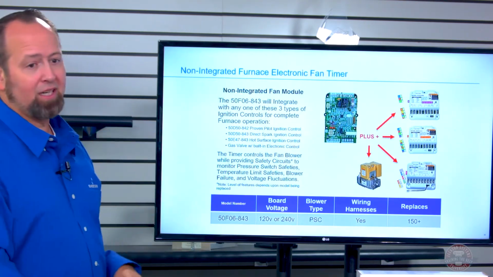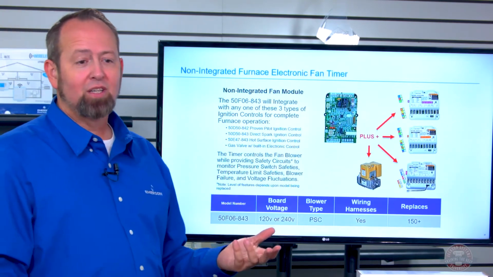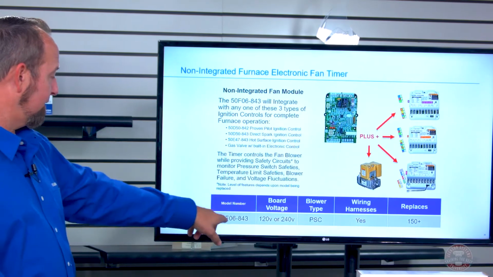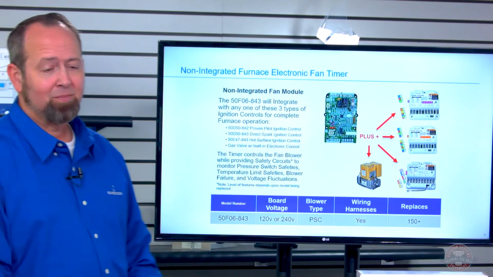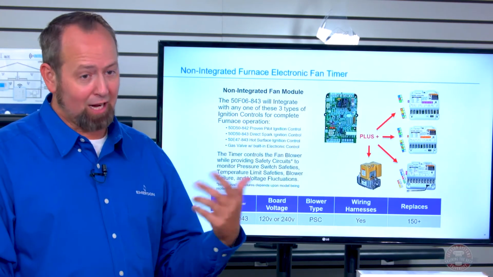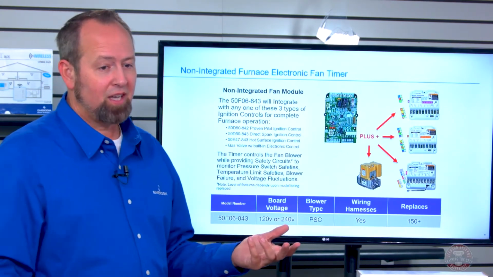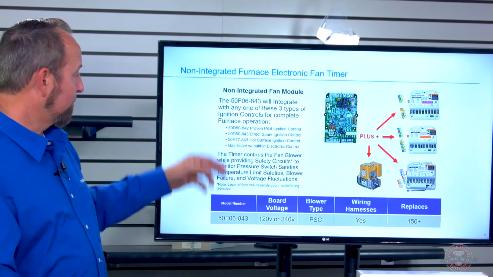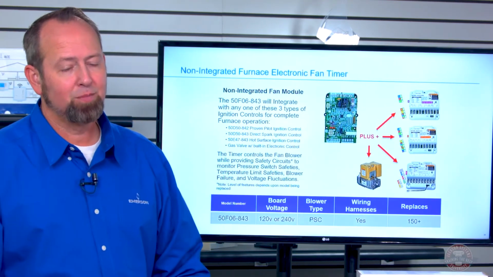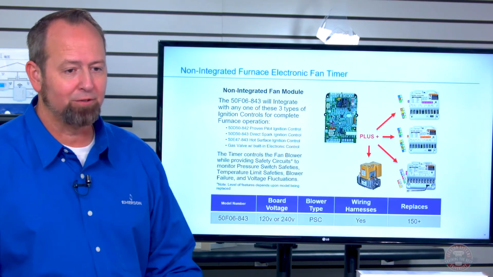This fan timer is our final non-integrated component that I wanted to share tonight, the 50F06843. It is a product that allows you to time the blower on and off, and it can be connected with the proven pilot direct spark, hot surface, or a gas valve that has a built-in electronic control in it as well.